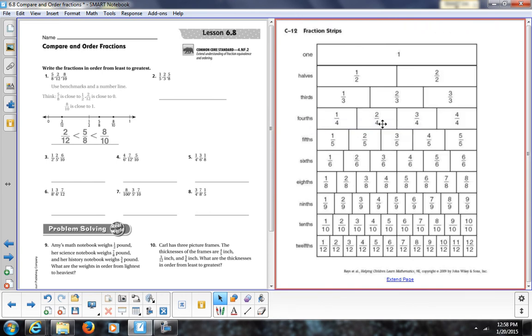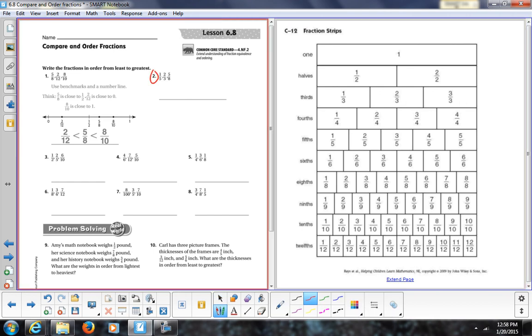All right, let's do 2 of these together. We'll do number 2 and number 7. All right, so, see, we have hundreds here. We can't use our cheat sheet with that, huh? So we're going to have to figure out on that one if it's close to half. So I have 1/5, 2/3, and 5/8.